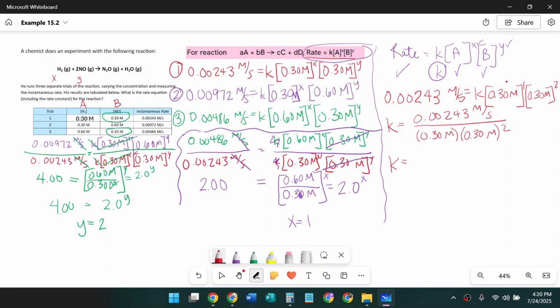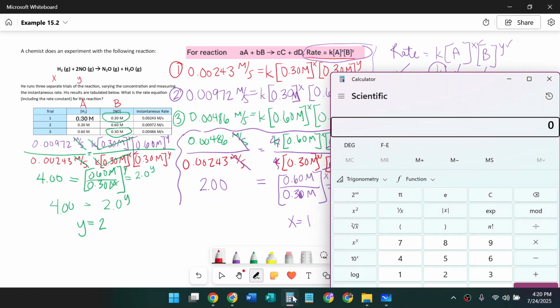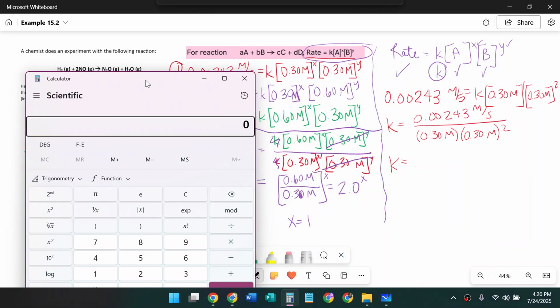All right, so let's type all these numbers in the calculator. We're going to put the calculator over here so it's out of the way. So 0.00243 divided by, let's put this in parentheses, 0.3 times, I'm going to put the next one in parentheses, 0.3 to the second. I could have simplified that, but I'm not going to right now. All right, so we get 0.09. How many significant figures do we need?